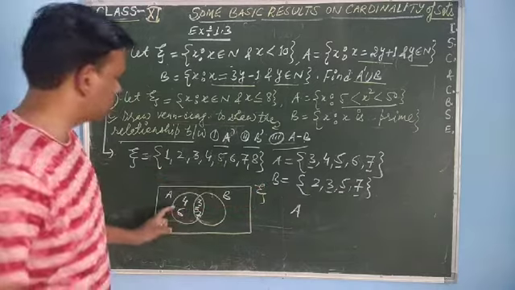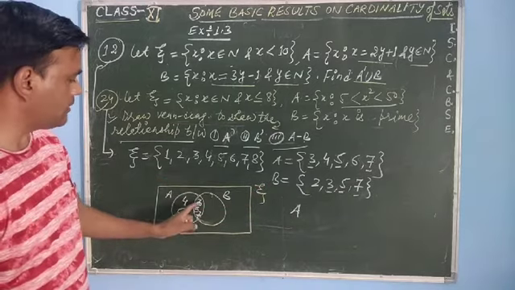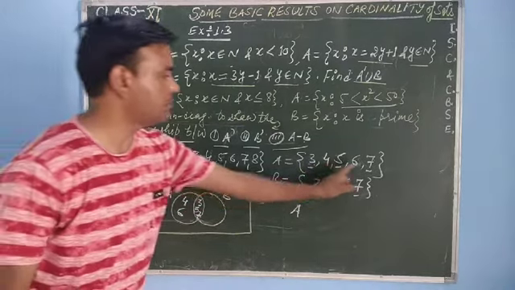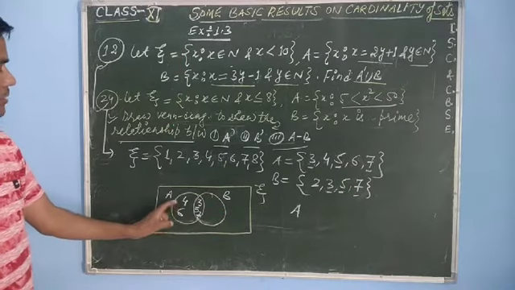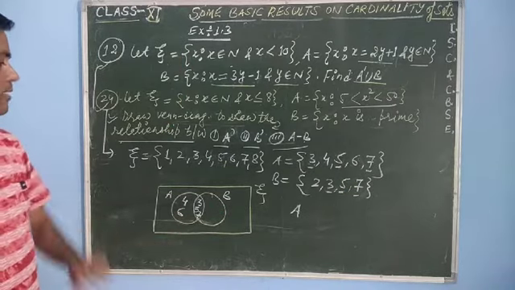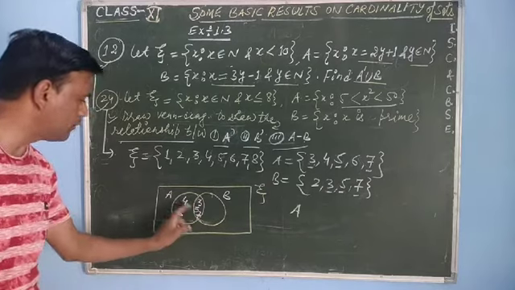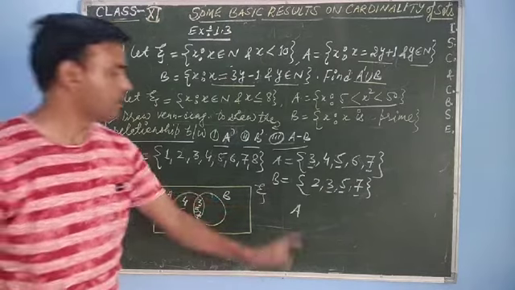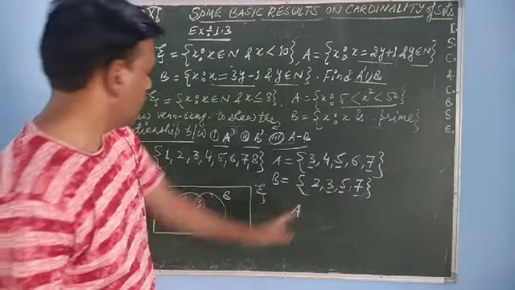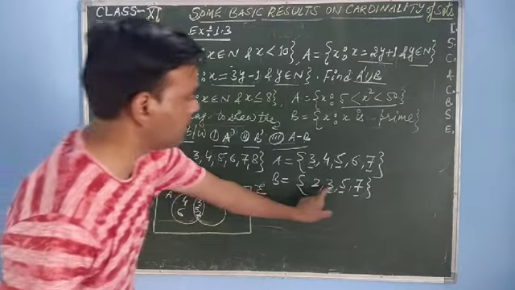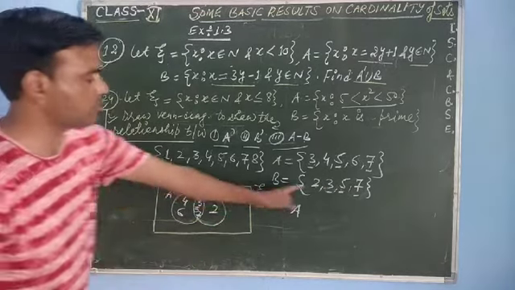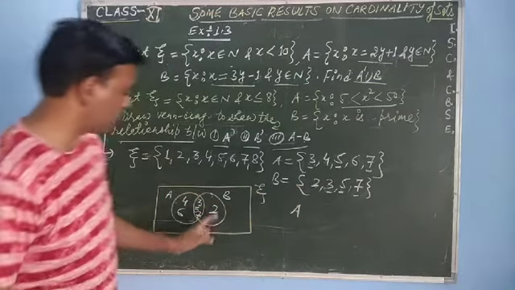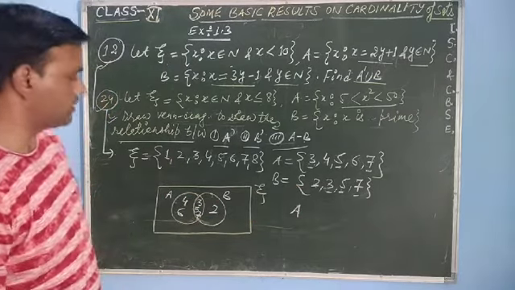So 4, 6 will be the only elements of A alone, and 3, 5, 7 are common, and the combined set will be 3, 4, 5, 6, 7. Similarly, you can write set B. The common elements are 3, 5, 7, so only one element is left here, that is 2. So the elements of B are 2, 3, 5, 7.